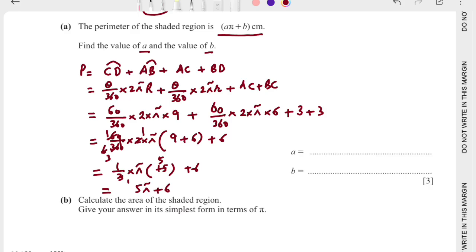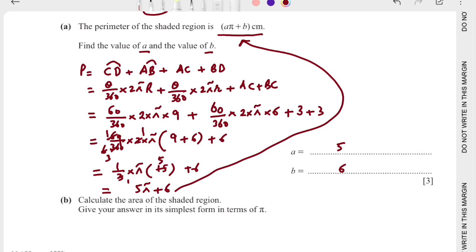If you compare this with the given one, the answer of A is equal to 5 and the answer of B is equal to 6. In this way we can find out the perimeter.